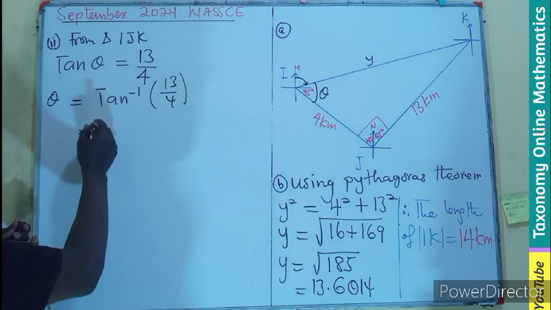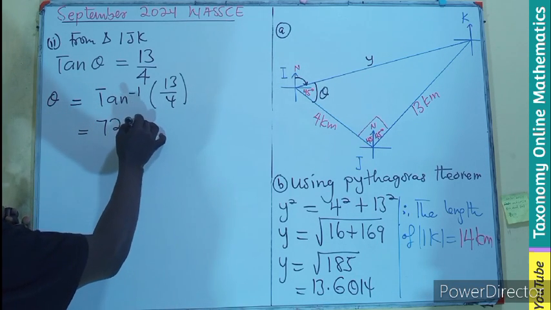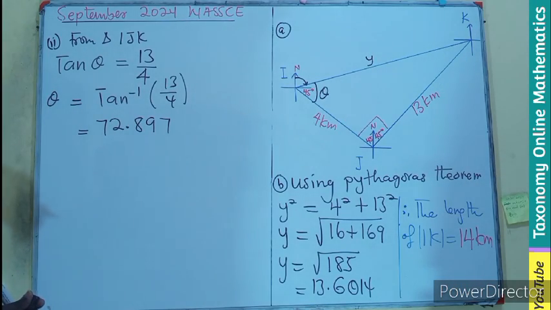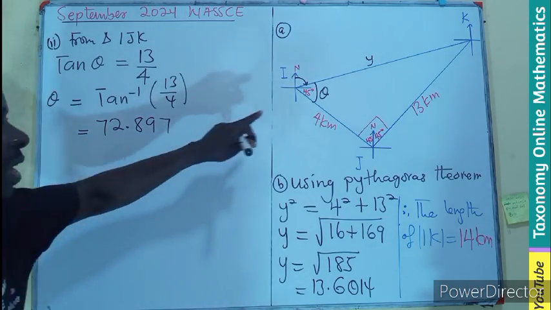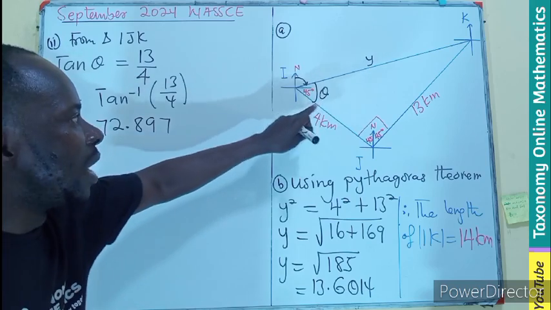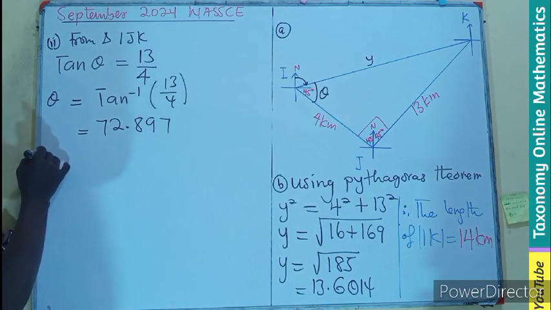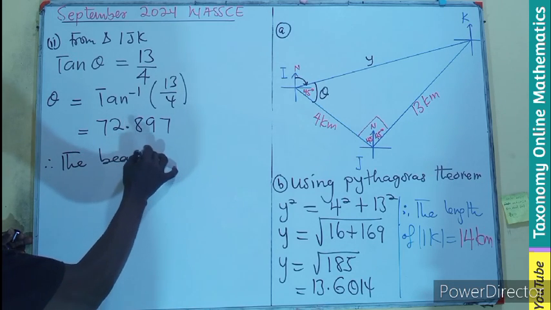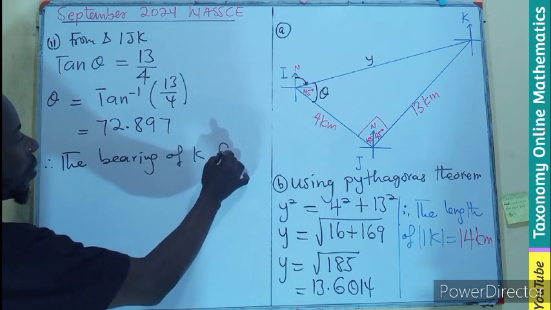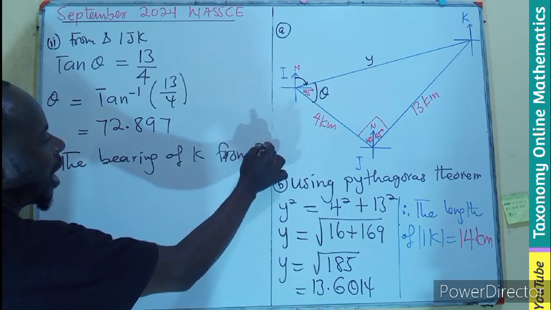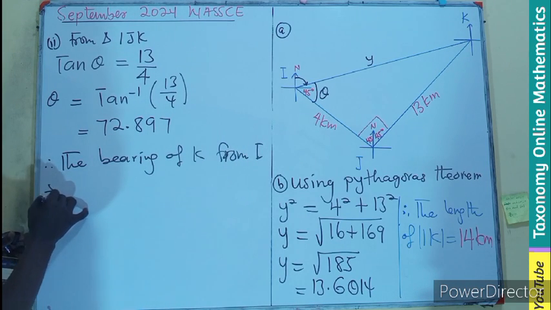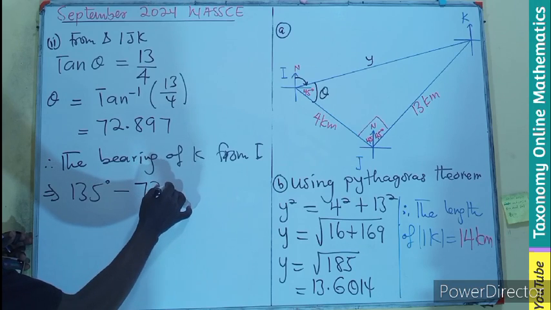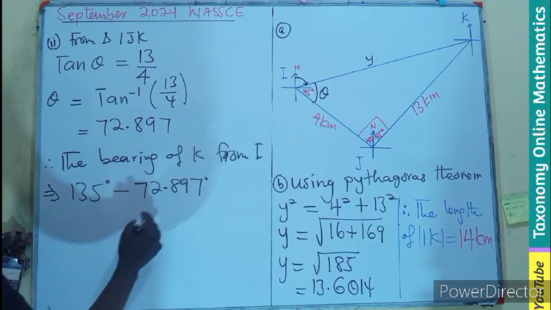So that will be 72.897. Remember, what we are looking for is not exactly this angle. We are using that angle to find out. So therefore, the bearing of K from I is going to be 135 degrees minus 72.897.